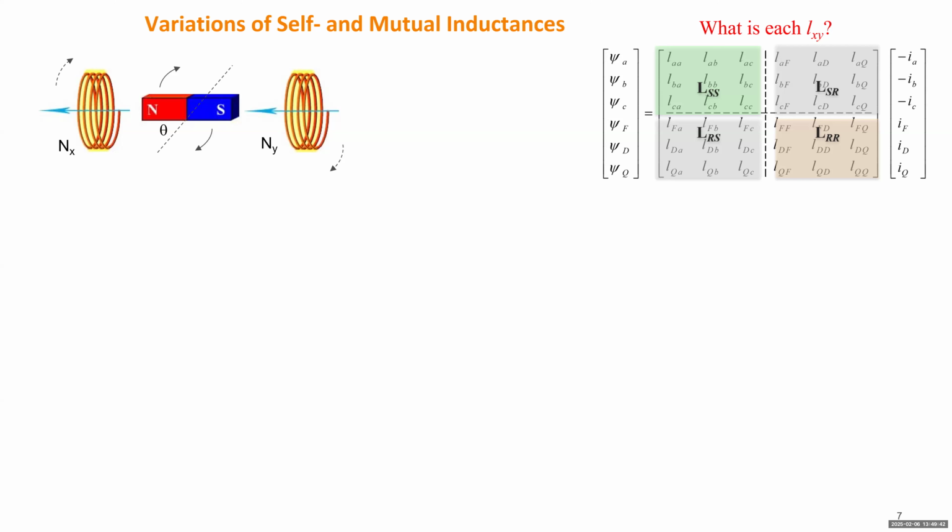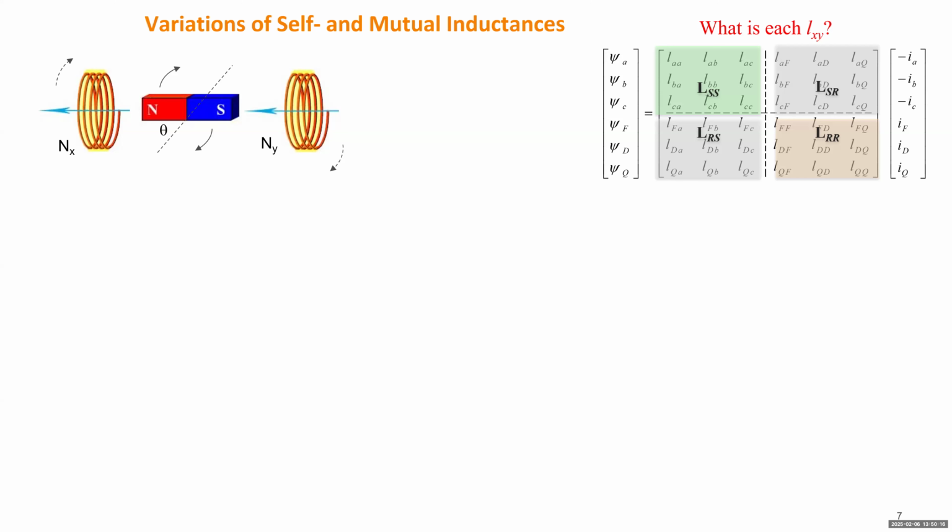Usually the formula depends on the number of turns of the two windings contributing to this inductance, and also another parameter called permeance, which indicates how easily the magnetic field can link the two windings. Each inductance involves two windings. If the two windings are the same, it's a self-inductance. If they are different, it's a mutual inductance.